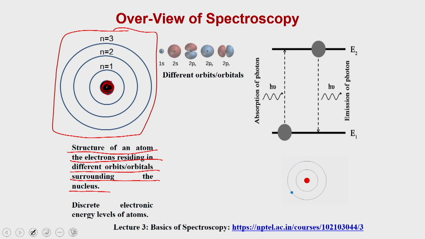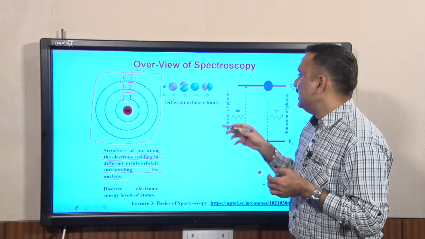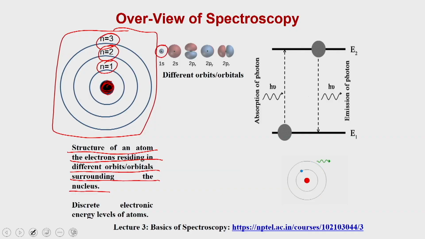You can have the lower energy states N1, N2 or N3, and within these you have different types of orbitals: either 1s or 2s, or within 2p you can have px, py and pz, and all these different orbitals are associated with different amounts of energy.